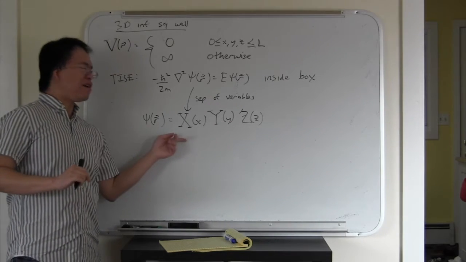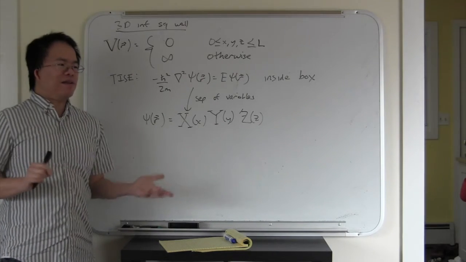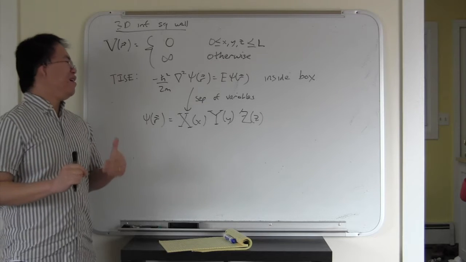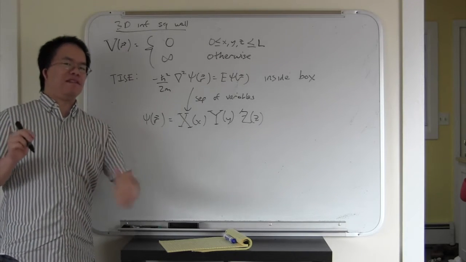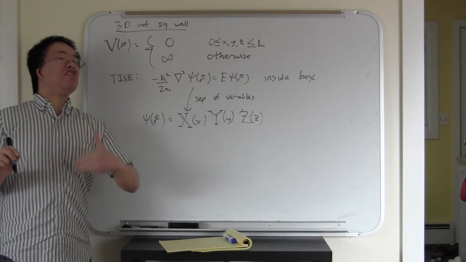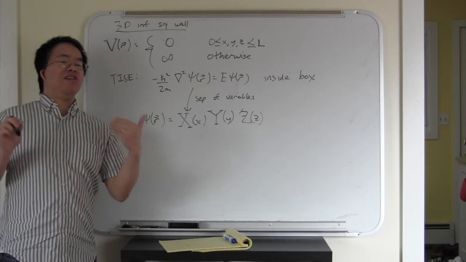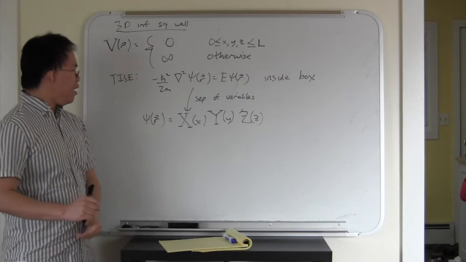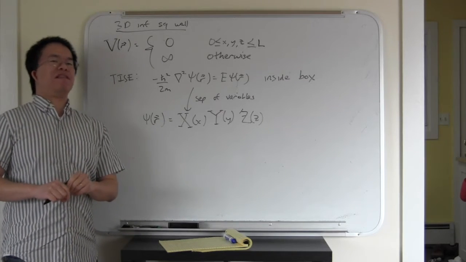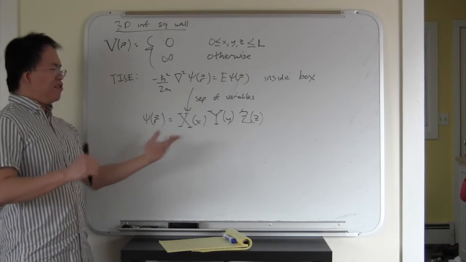So it's a product. You basically end up turning this 3D problem into 3 independent 1D problems, each of which is equivalent to the 1D infinite square well. And it turns out that you can just write the answer down based on that.